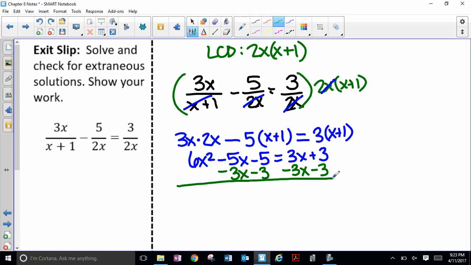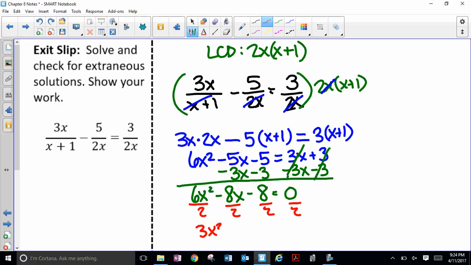So then that should be 6x squared minus 8x minus 8 equals 0. Again, we could divide everything by 2. So then that gives me 3x squared minus 4x minus 4 equals 0.